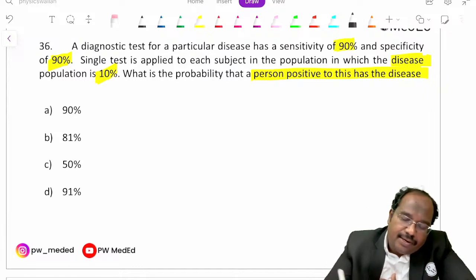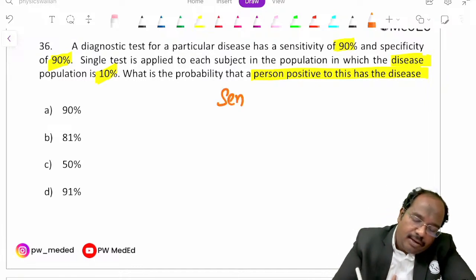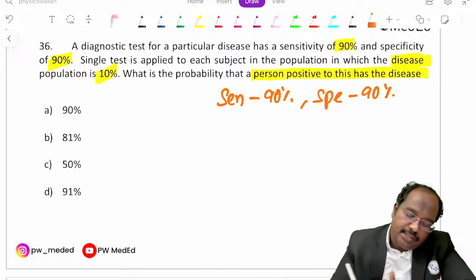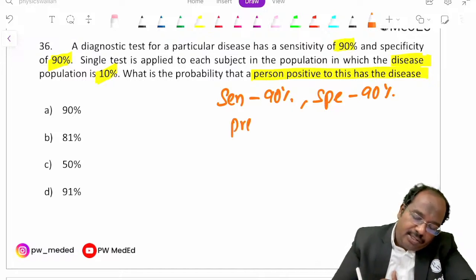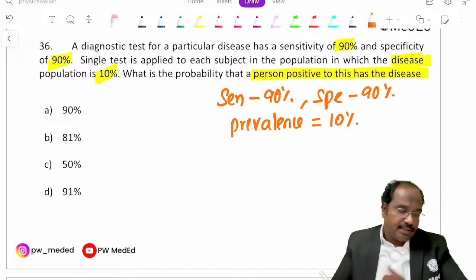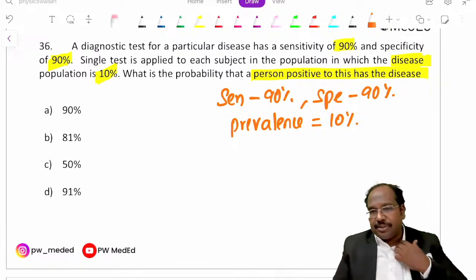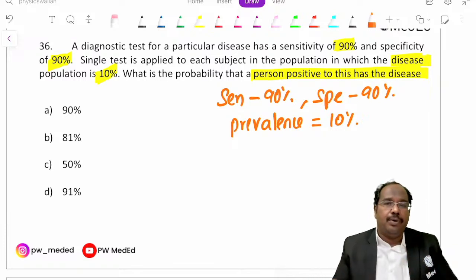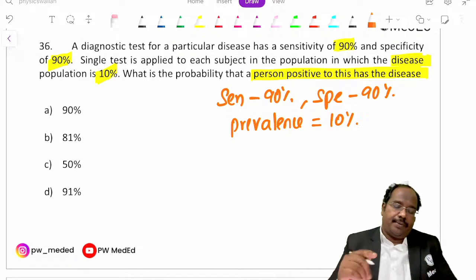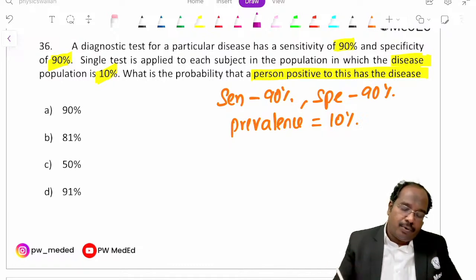So what they have given is sensitivity 90%, specificity also 90%, prevalence of disease 10%. Now we have to make some assumptions. I already told you the formula for sensitivity and specificity. So we have to make a 2 by 2 table.